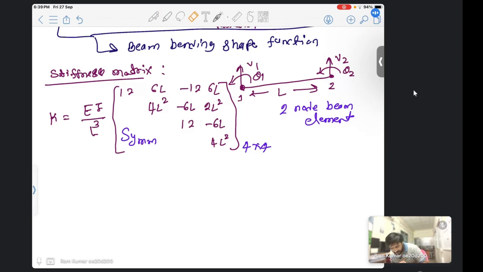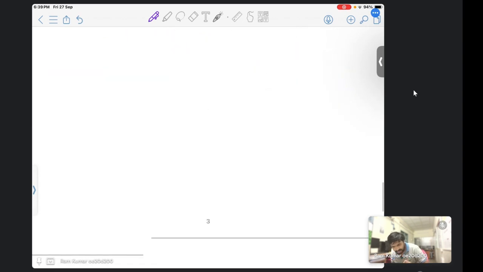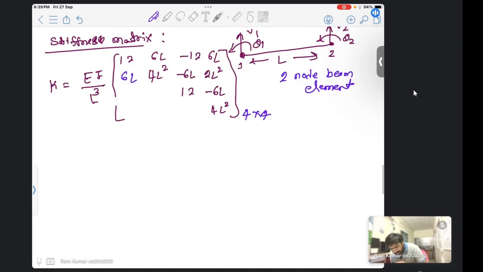So it will be like this: 6L, then minus 12, 6L, then 4L square, 6L, then 12, and minus 6L.